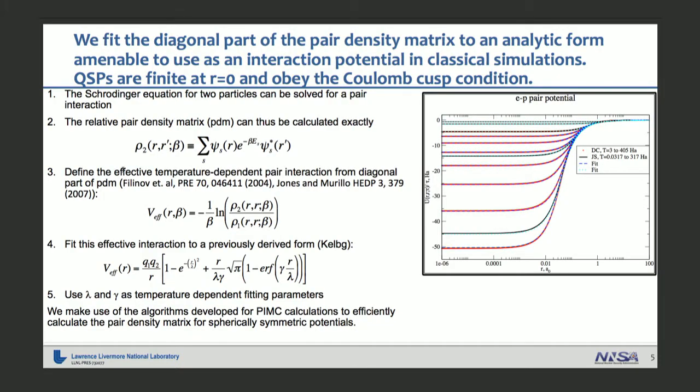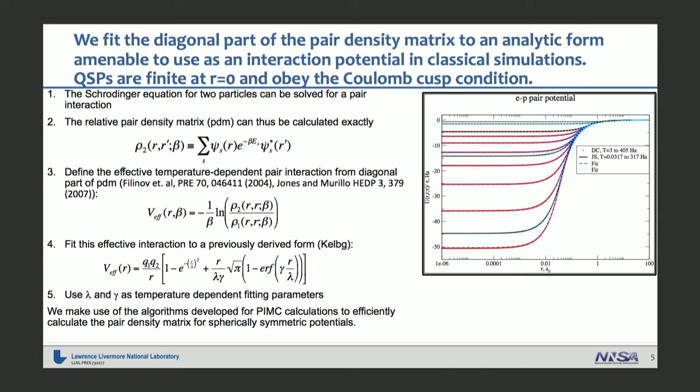Using the same kind of machinery that we use to calculate the pair density matrix for quantum Monte Carlo, we can derive a statistical potential from that pair density matrix. So we calculate the pair density matrix from the exact solution of some two-body problem, in this case an ion-nucleus problem.